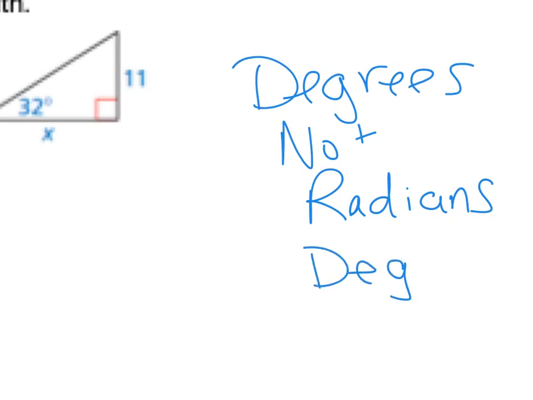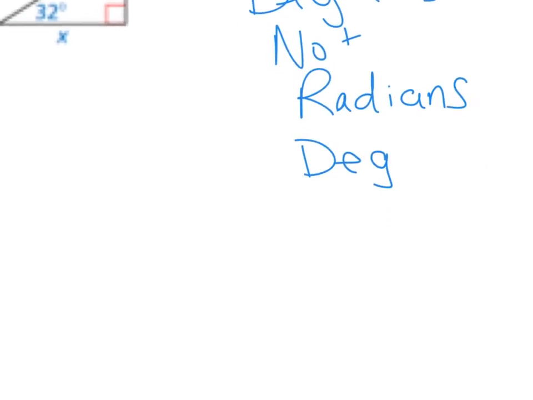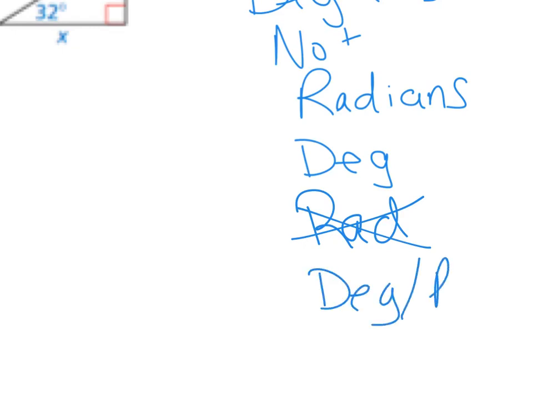If it says RAD instead, you need to get rid of that and make sure that it's in degrees. Across the lower bottom part of the iPad calculator, there's a button that either says degrees or radians. But you need to make sure it says degrees in that upper left-hand corner.